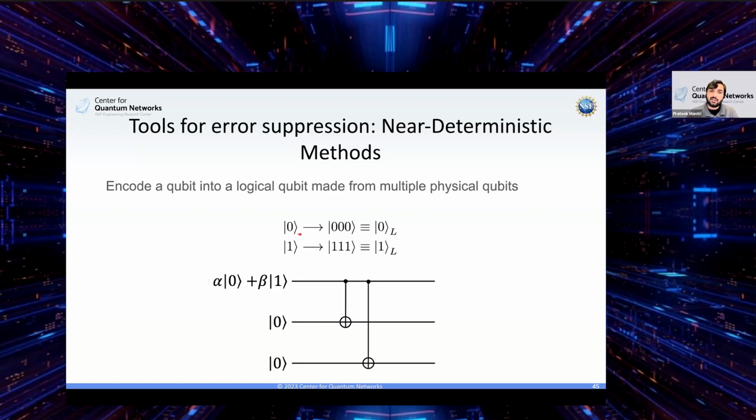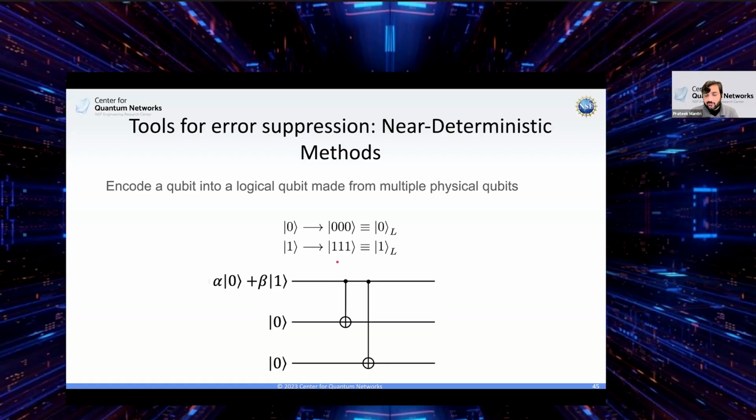So let's say if we had a ket 0, we can now encode it into this kind of a repetition code, where a lot of these qubits are now sent, and this is what is called a logical qubit. Similarly, we can do it with ket 1, and there are multitudes of different ways in which you can encode information to create some sort of a logical or a higher level qubit.